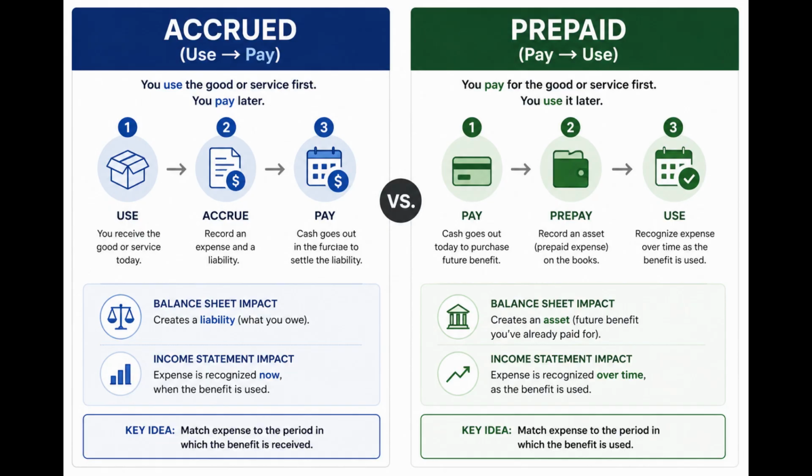So let's compare. Accrued expenses, you use first, then you pay later, and the liability is created in between. With the case of prepaid expenses, you pay first, you use later, and the asset is created on payment. So they're the same timing problem in that it's timing differences that create issues with recording performance.